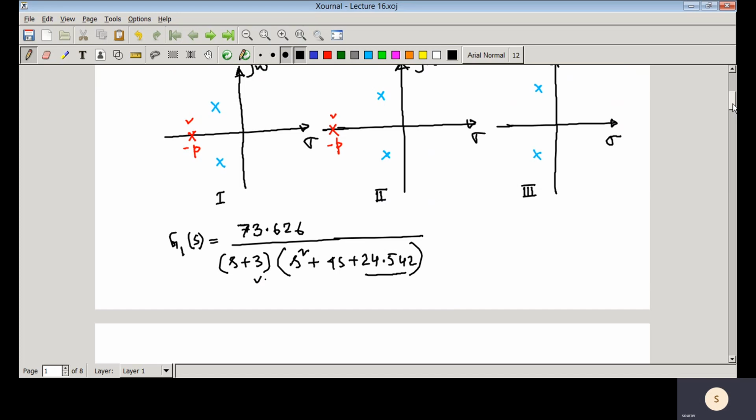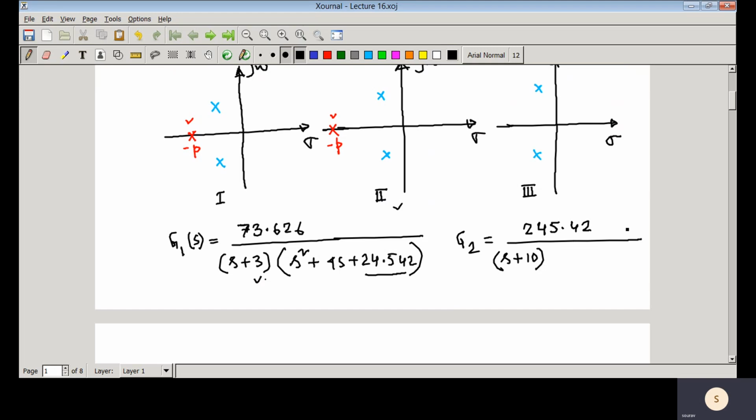So this transfer function is represented in normalized form, and then we take another transfer function, G2. For the G2 case we have shifted the pole towards the left. That means the introduced pole is far away from the origin.